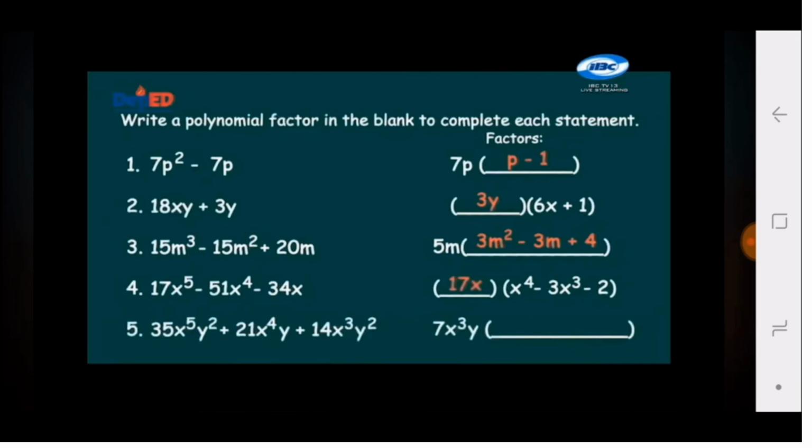What is the factor of the polynomial 35x raised to 5y squared plus 21x raised to 4y plus 14x cubed y squared if the greatest common factor is equal to 7x cubed y? The answer is 5x squared y plus 3x plus 2y.